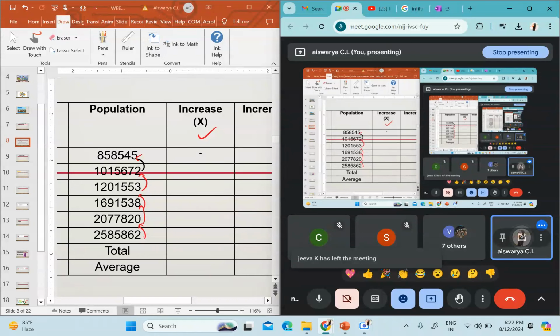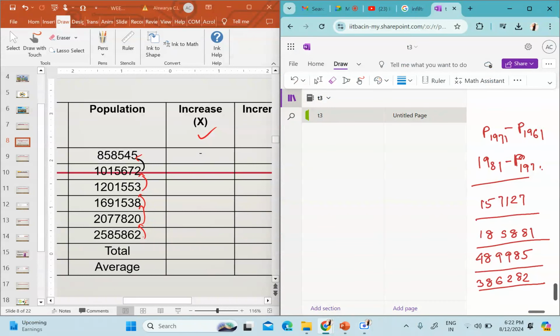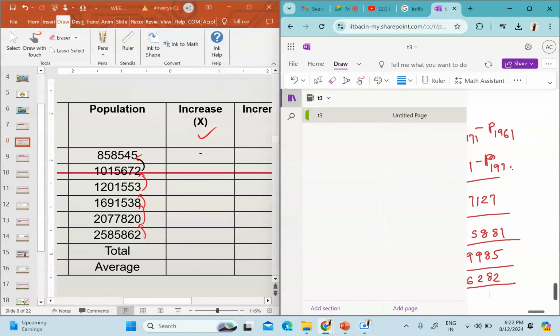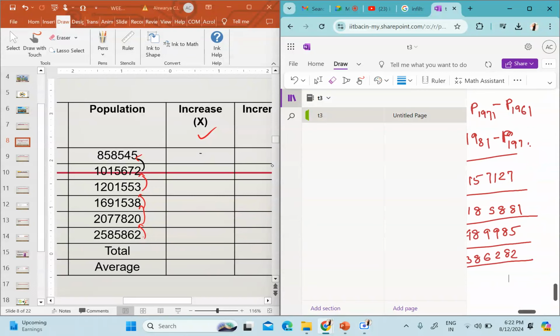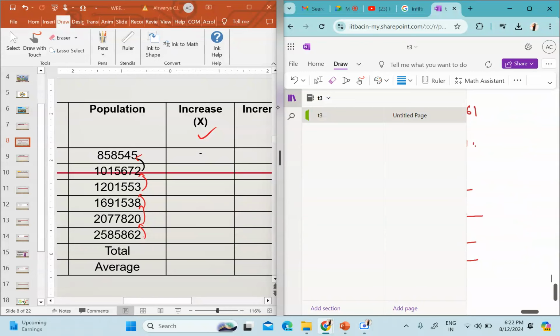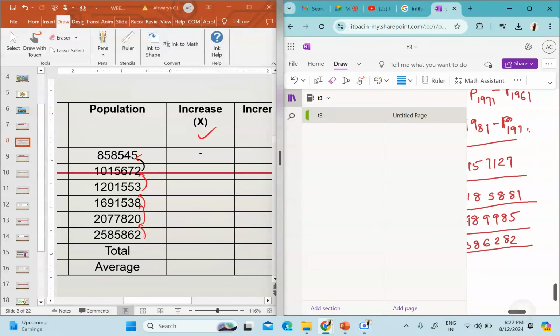Can anyone see the screen? You people are solving the question, right? You can respond, it will be helpful.